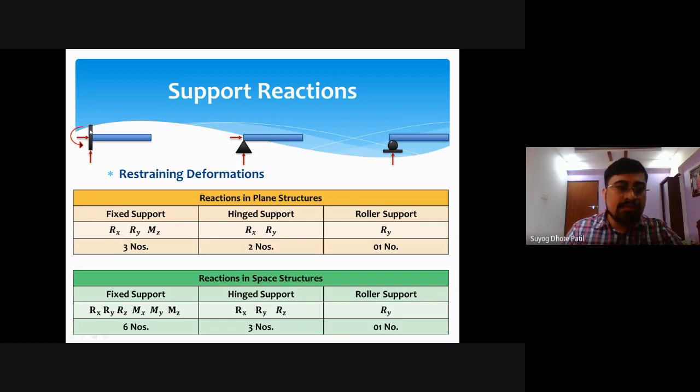So if this fixed wall is there with this beam, and if I apply a horizontal force, vertical force, or rotation, in that case the wall will try to impose an opposite force on this beam. This opposite force is nothing but the reaction. The reaction given by this fixed support or fixed wall to the beam is nothing but the reactions.